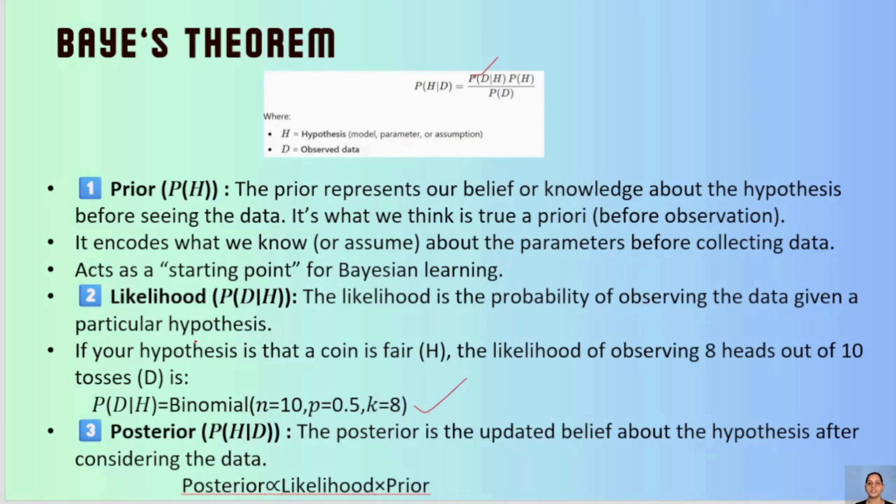Then what is the posterior concept, guys? Posterior is your output. This is your output, P of H given D. That means when we are talking about posterior, we go ahead with the updated belief about how the hypothesis comes into life after considering the data.